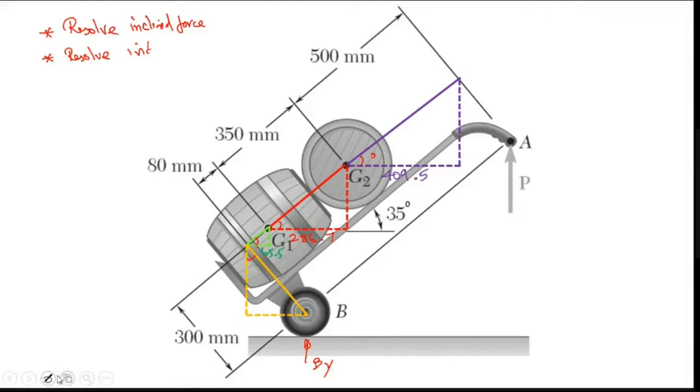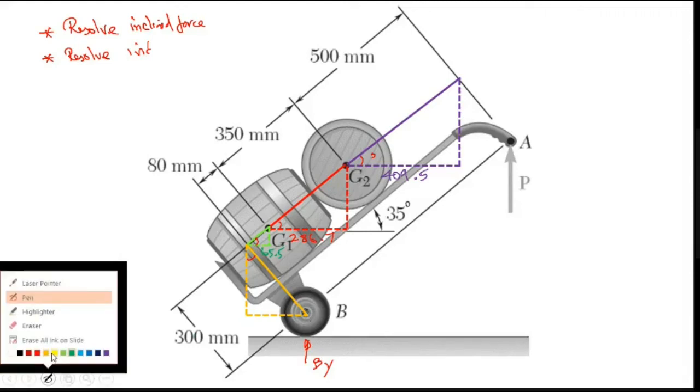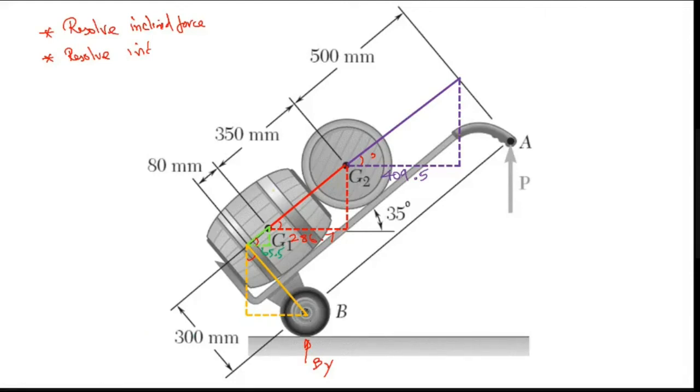Similarly, 300 cos 35 is 245.7. Note, I am writing this vertical because all these others are horizontal distances. This one alone is vertical because it is inclined vertically at 35.